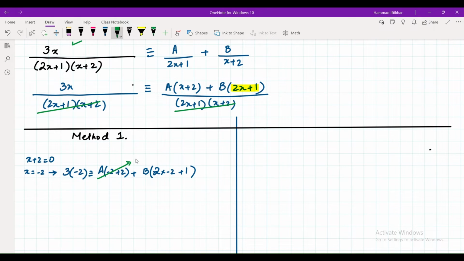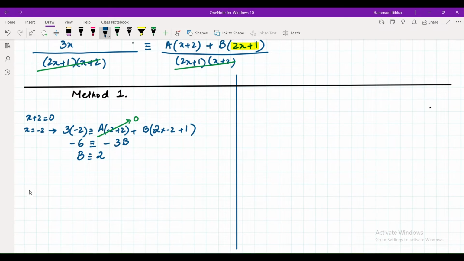This entire thing goes to 0. We are left with negative 6 identical to minus 4 plus 1, minus 3b. So b would come out to be 2.